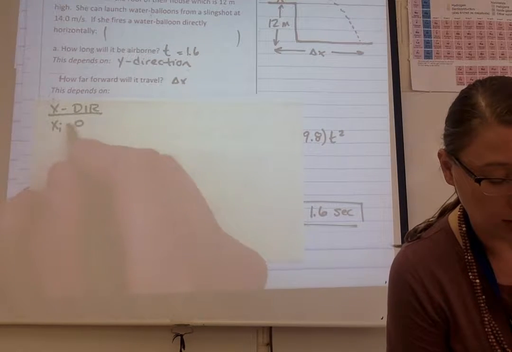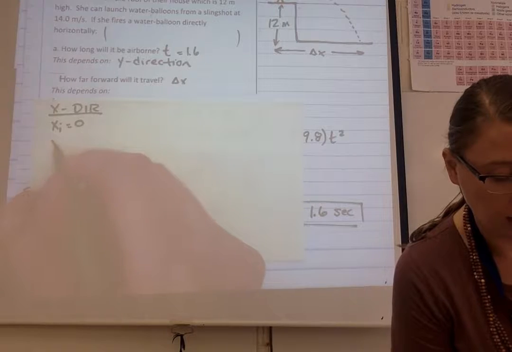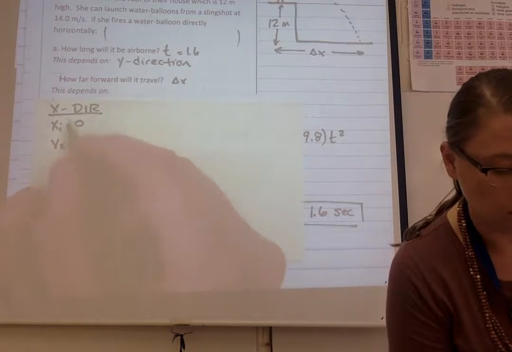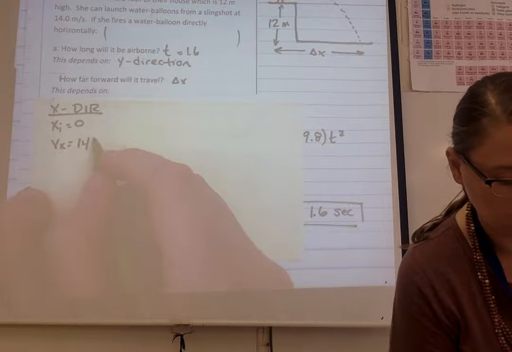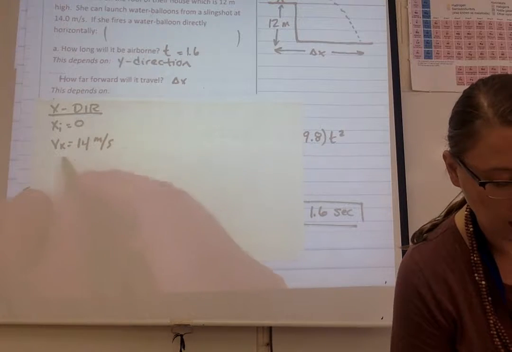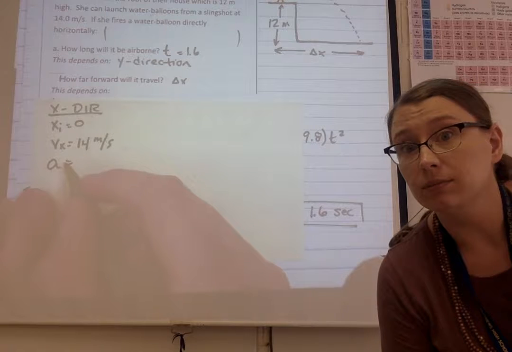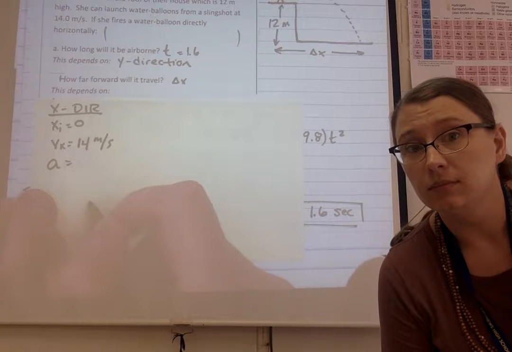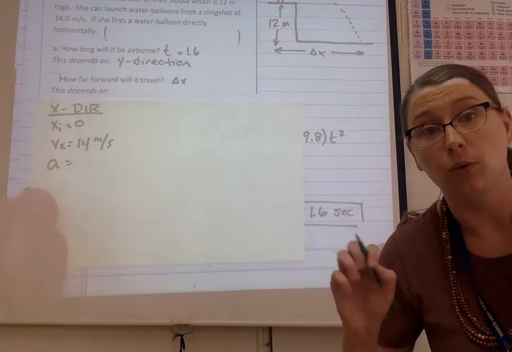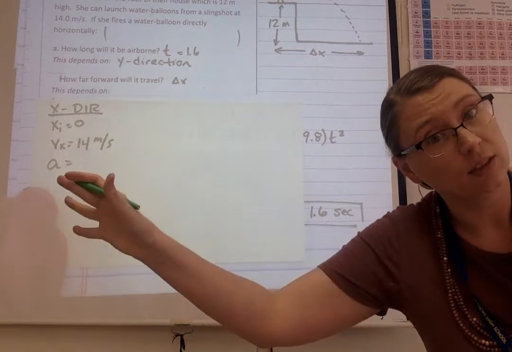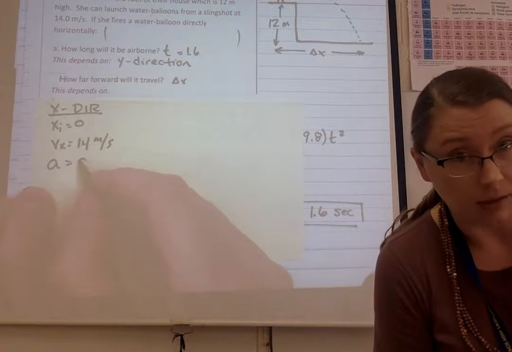I know Vx equals 14. And the acceleration in the x direction, what's that? It's 0 because there's no force after she lets go of it. So the acceleration is 0.